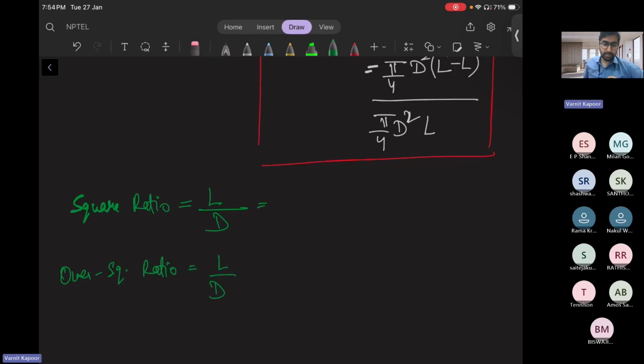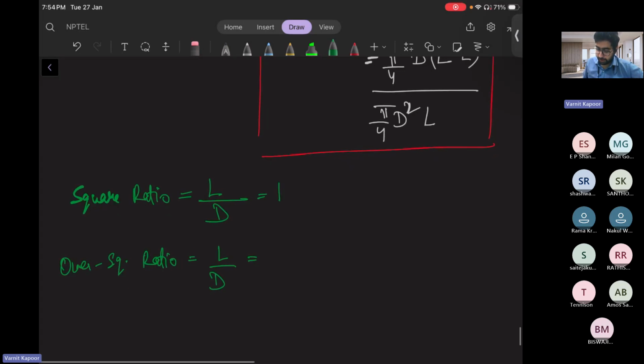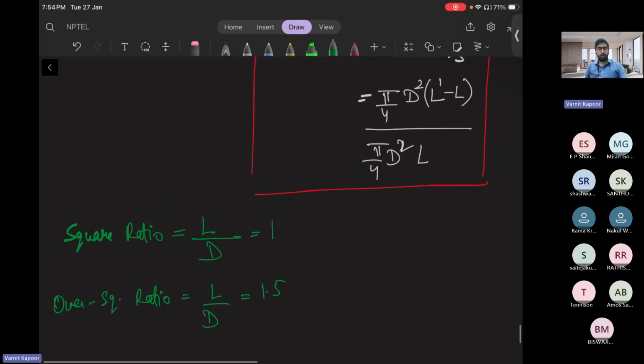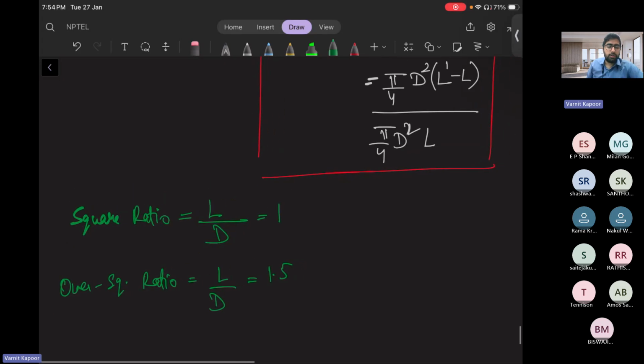For square ratio L by D is generally 1, and for over square ratio, L by D is generally 1.5. You can remember this. Some books use square ratio, some books use over square ratio. This is a textbook reference.